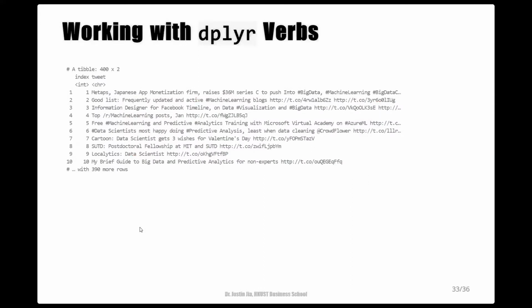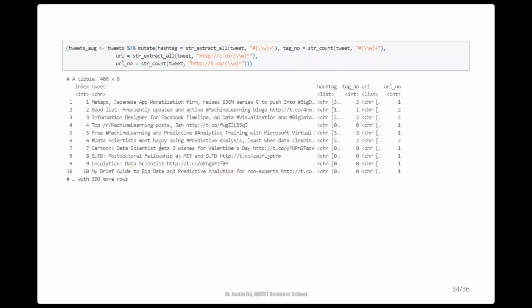And the stringr functions can work smoothly with dplyr verbs when our data wrangling process involves text processing. Given a table of a tweet dataset, we can use str_extract_all to extract all hashtags. Use str_count to count the number of hashtags.